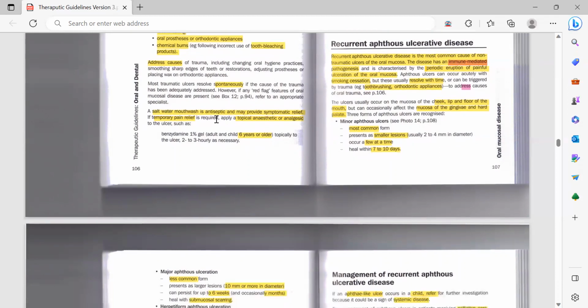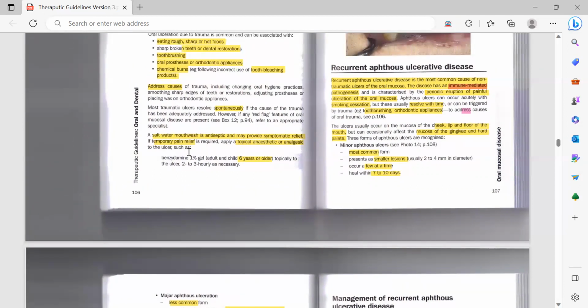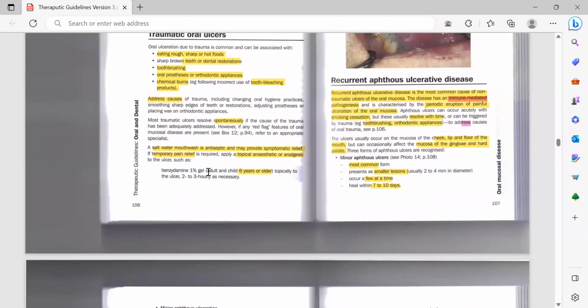A saltwater mouthwash is antiseptic and may provide symptomatic relief if temporary pain relief is required. Apply a topical anesthetic or analgesic to the ulcer. Which is the best analgesic gel that you can prescribe? You can just learn this name and concentration. This would be the only gel you would prescribe if the patient comes with pain and any lesion.